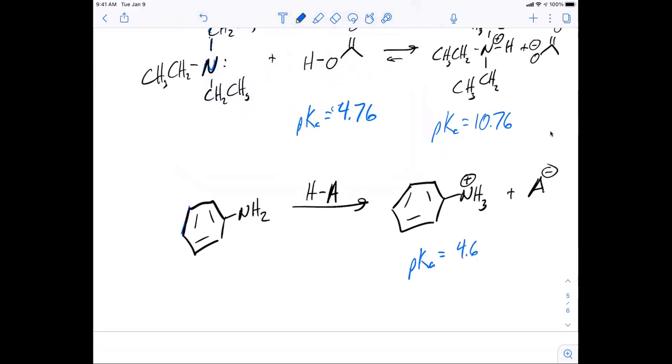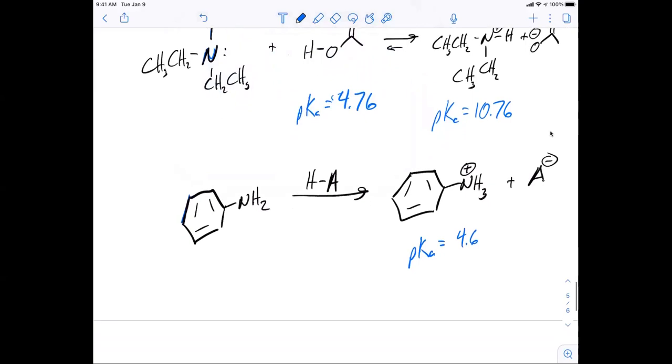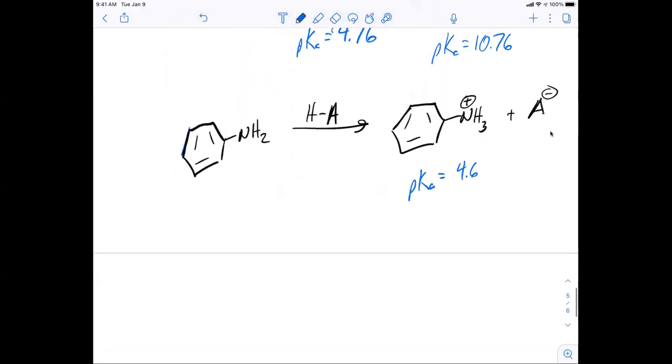We can delocalize those electrons, stabilize this. So it's more acidic than the regular amine.